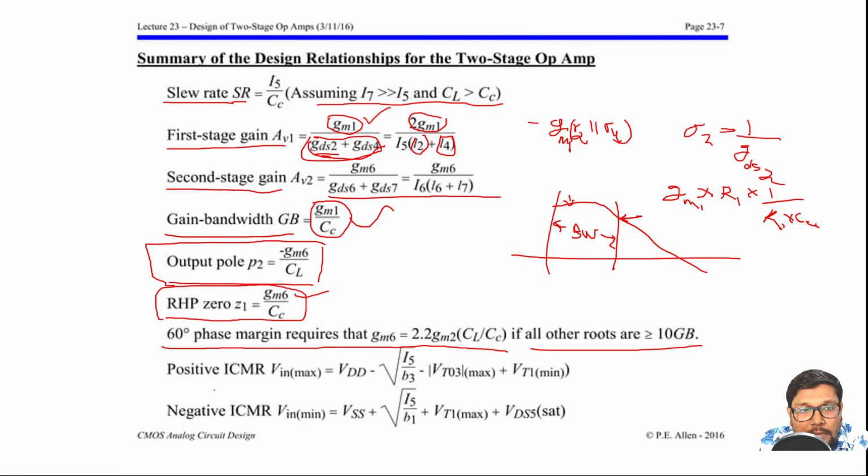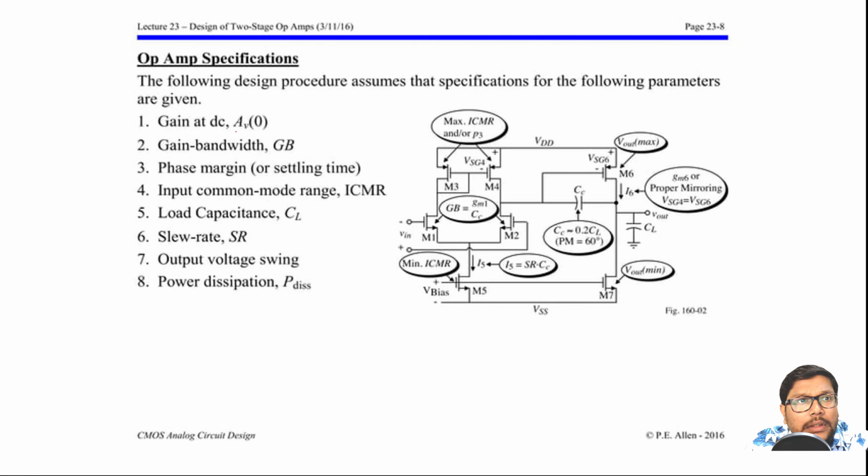Okay, from that they have calculated positive CMRR, negative CMRR. Okay, we can see this in the GM by ID calculation. Minimum CMRR depends on this one, maximum CMRR depends on the VTH of this one. And this point is 0.2 times CL minimum, maximum can be 0.5 of CL.